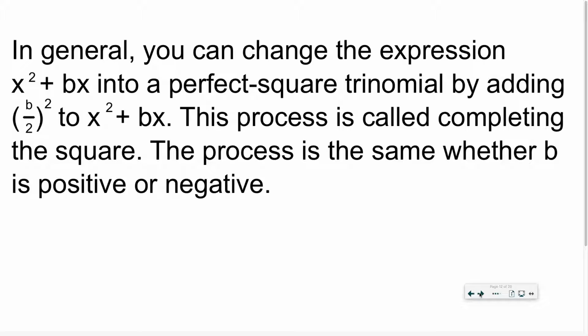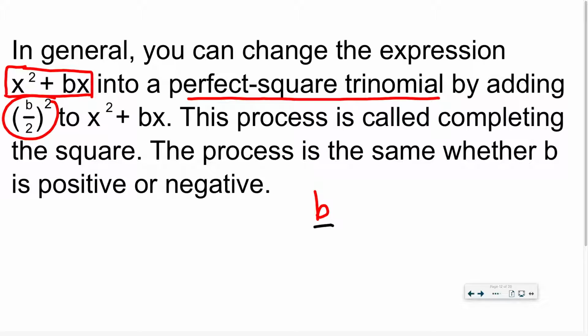So here's what we can do. This is what I would write. You can change an expression, x squared plus bx, into a perfect square trinomial by doing something called completing the square. The way we do that, we will use this formula, b divided by 2 squared.